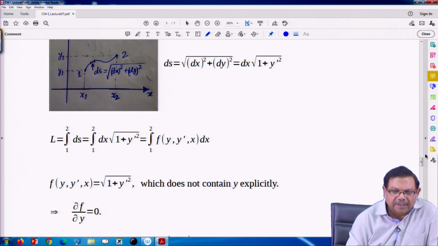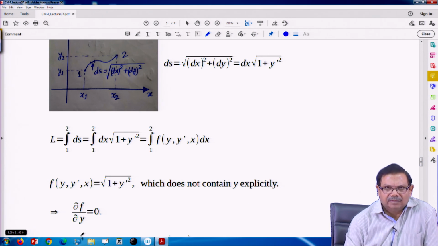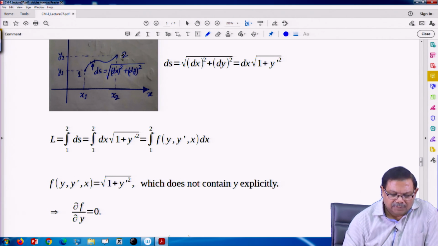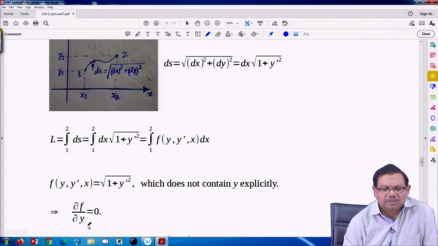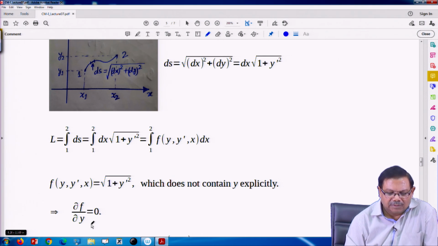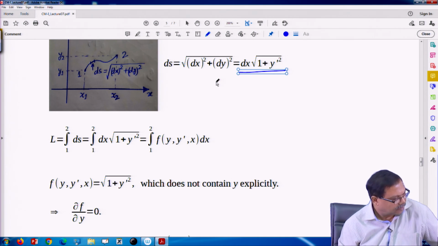The problem is to find L. L is the length, right. So, how will I find it? I have taken a differential element along the curve, I have to integrate between these 2 points, right. So, this integration of ds I can replace by dx times this factor.